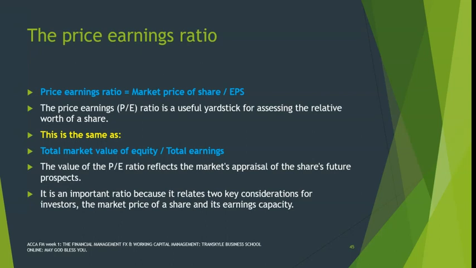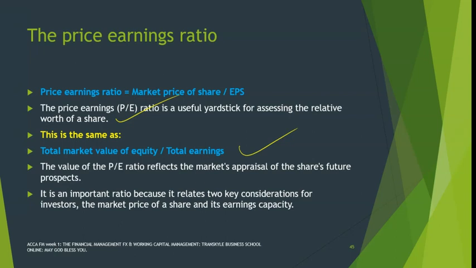All right. So the price earnings ratio is a useful yardstick for assessing the relative worth of a share. This is the same as total market value of equity over total earnings. Sometimes you are not given the price per share, but you are given the market value of the firm as a whole. You mustn't be dazzled by that, because that's how it might be presented.